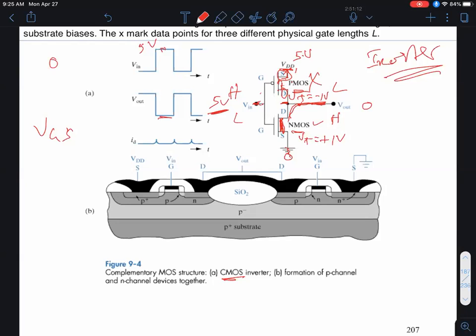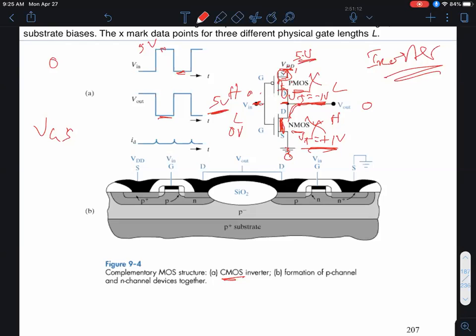Conversely, when the input goes low, let's see what happens. When the input is low, what is the gate voltage of the NMOS? Well, 0 minus 0, or 0 volts. It's not more positive than the 1 volt threshold voltage. Therefore, my NMOS will be turned off. How about the PMOS? You might think that if the input is 0, the gate voltage of the PMOS should also be 0. Not so, because remember the source of the PMOS is held at plus 5 volts.